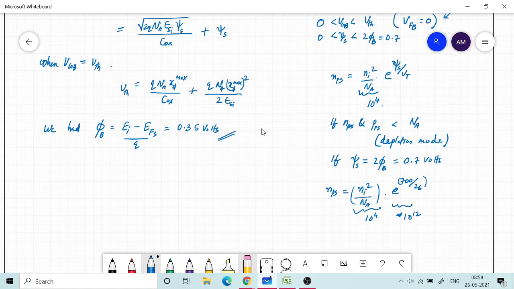For 60 millivolt increase, we have this factor becoming 10. So if it is 120, it will be 10 raised to 2. If it is say 180, then it will be 1000, etc. So 700 has how many 60? Roughly 12 60s are there. 60 into 12 is 720, so we can say it is 10 raised to 12.